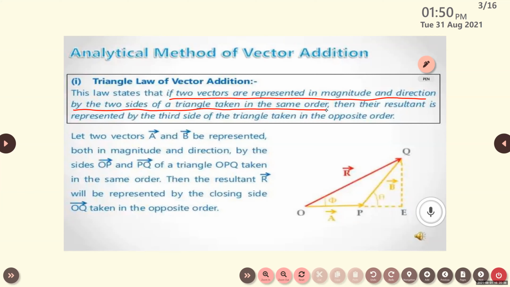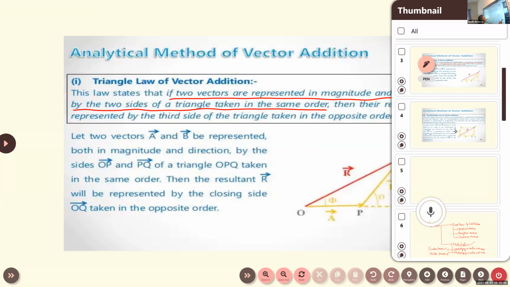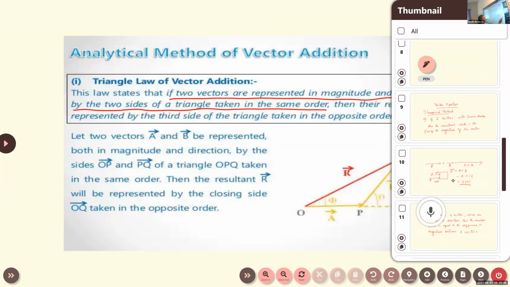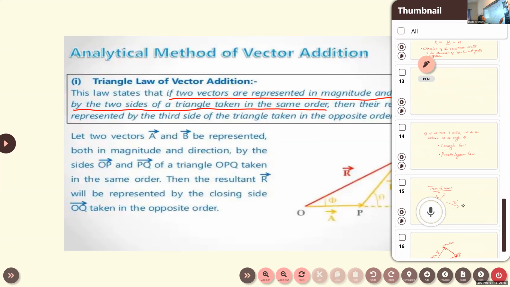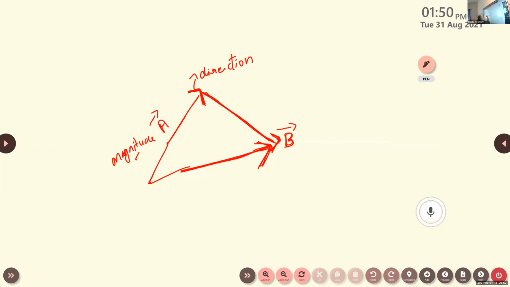Why do we call them the same order? Why do we say these vectors are arranged in the same order? Because it follows a tail to head arrangement. The tail of vector A is here and the head is in this direction. Similarly, vector B is also arranged tail to head.